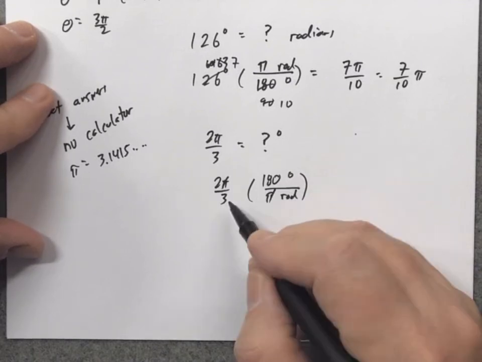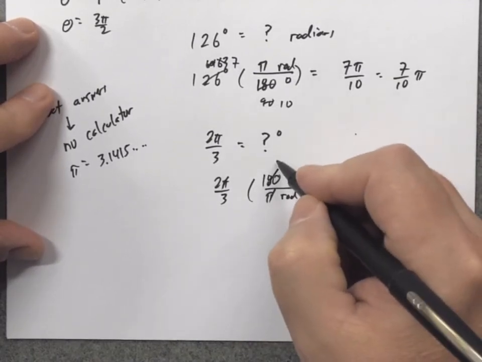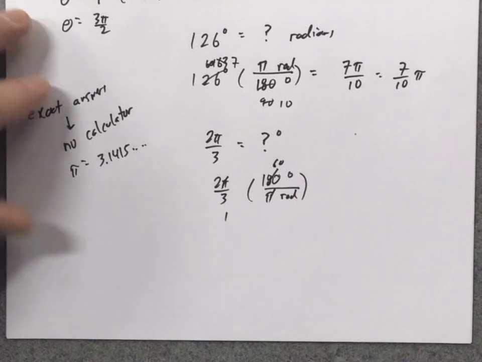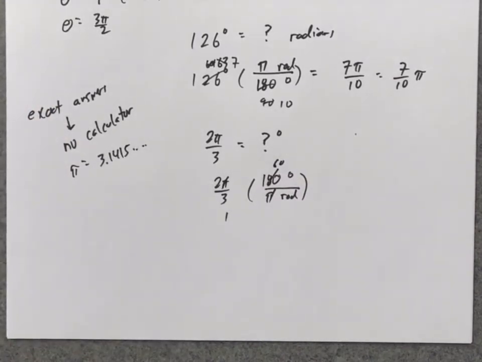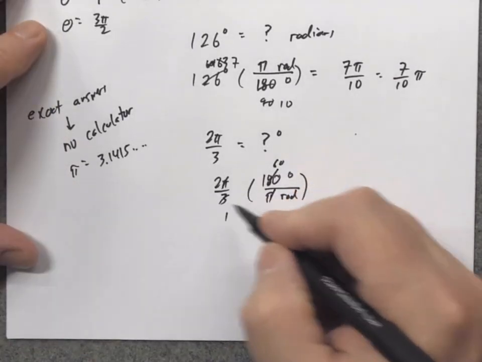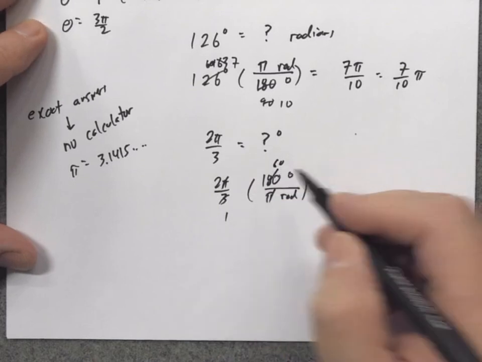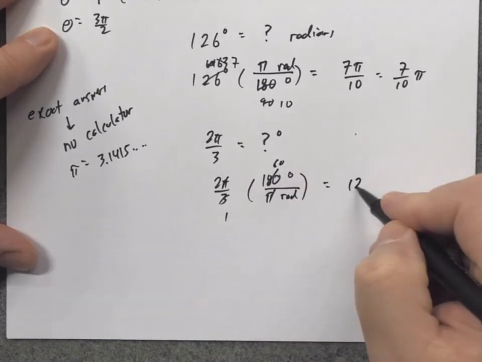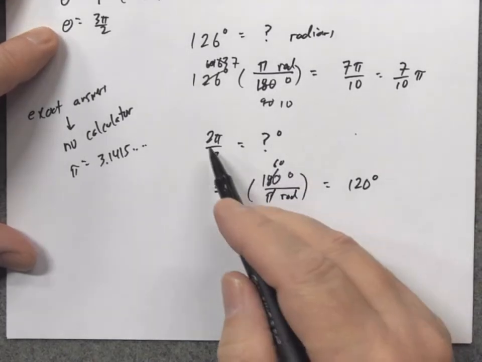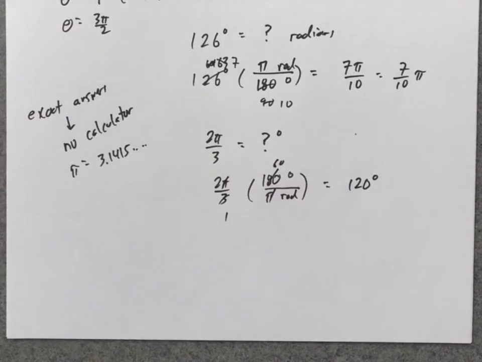So if I divide the top and the bottom by 3, I'm left with 60 and 1. So now 2 times 60. So basically a 2 pi over 3 angle in radians equals 120 degrees.